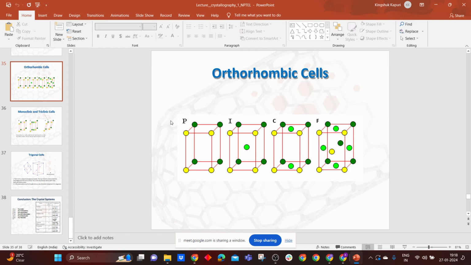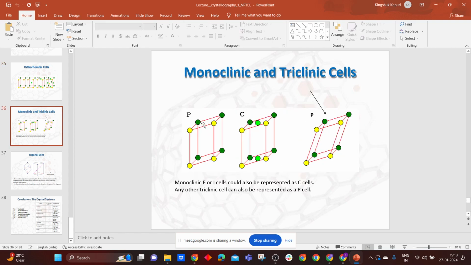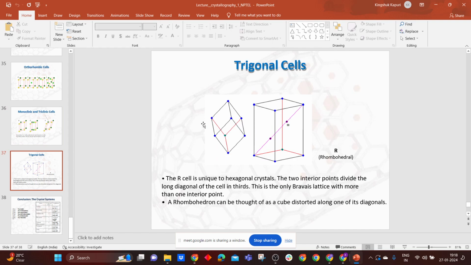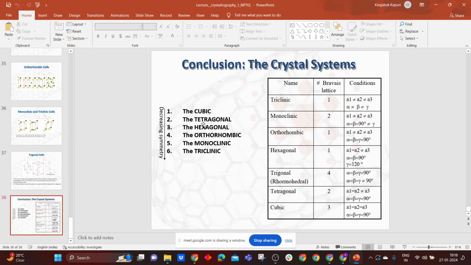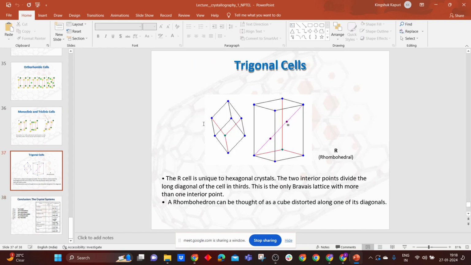The answer would be the orthorhombic crystal system, because in orthorhombic you can see P, I, C, and F, or you can remember it as PFIC or PICF or PCIF, anything. These four types of arrangement are only seen in the orthorhombic system, and none in other crystal systems. This is exclusive to orthorhombic.